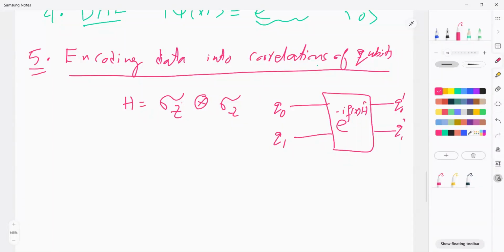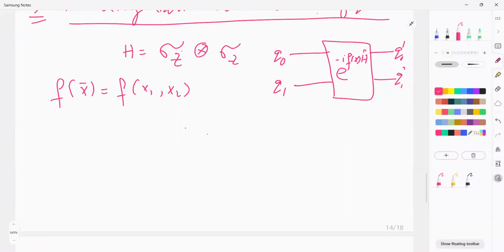Where f of x, I'll talk about later. There are two qubits, so my f of x right now is essentially a function of x1 and x2. I'm trying to encode these two features into it. I can actually have x1, x2, and maybe x3, x4, etc., but let's say I have x1, x2.